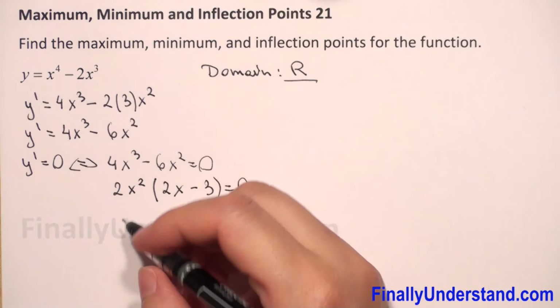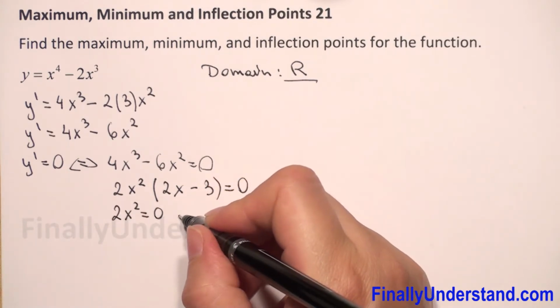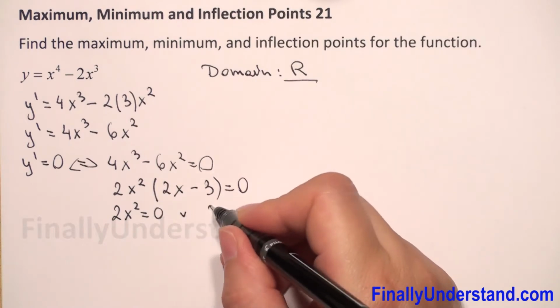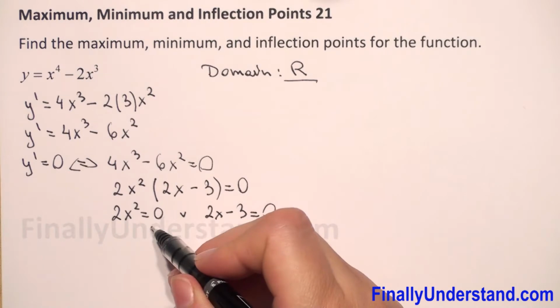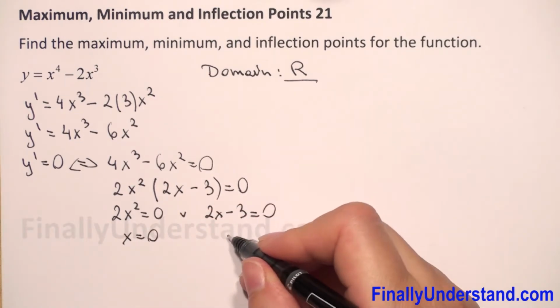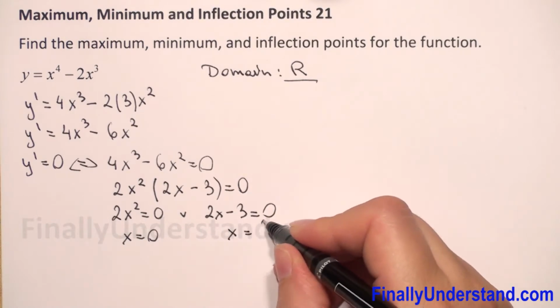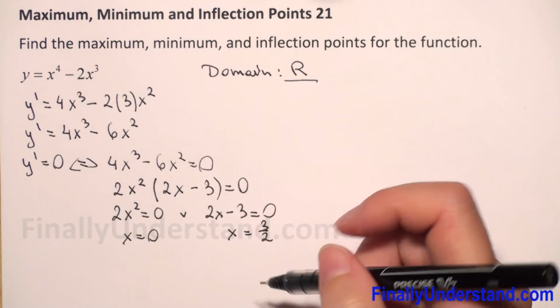So the left side will be 0 when 2x squared is 0, or 2x minus 3 is 0. So we have to solve these equations. So x is equal to 0, and from the other equation we have x equals 3 over 2. We have two critical values.